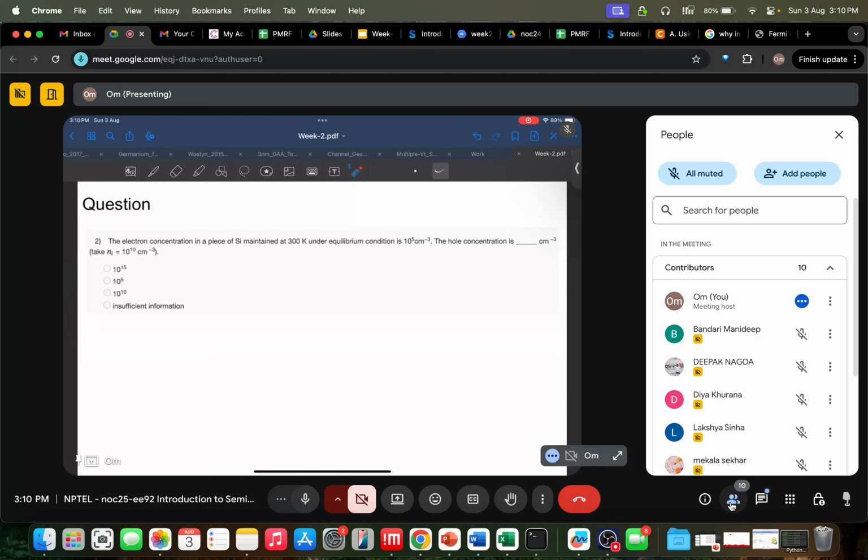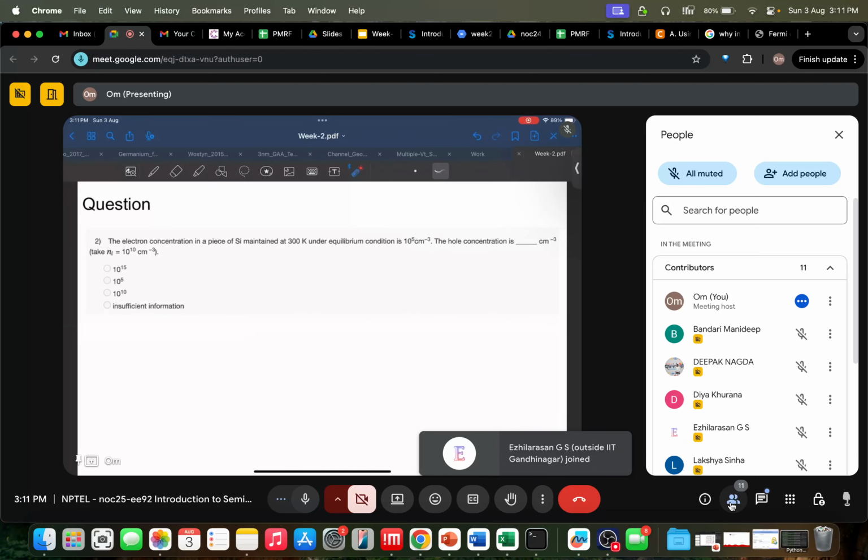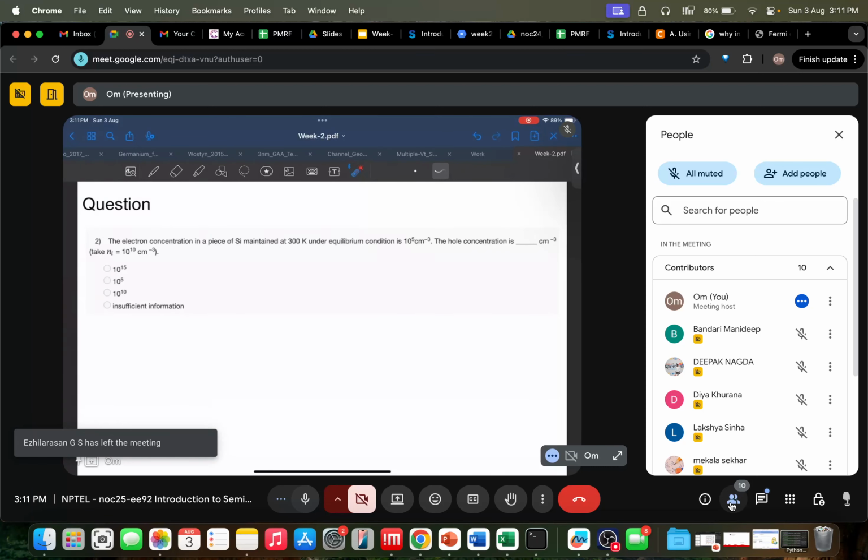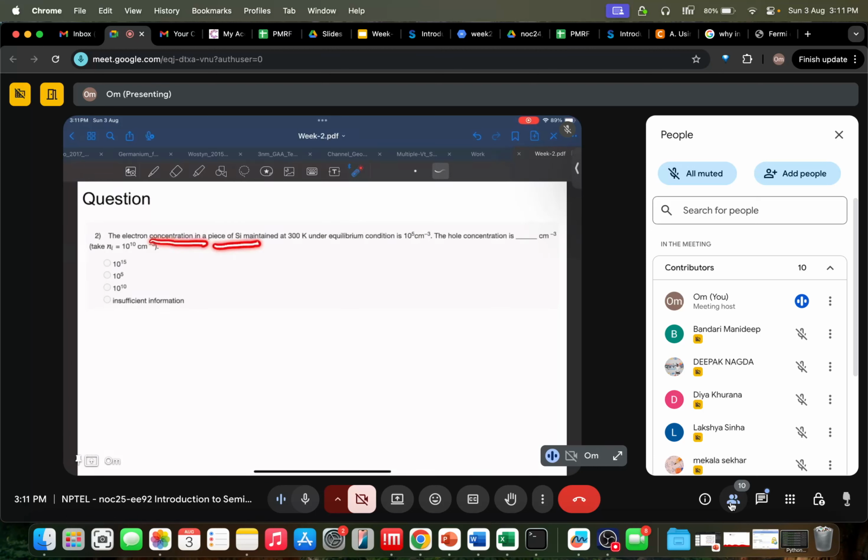Please read this question and try to solve it. So the question says the electron concentration in a piece of silicon maintained at 300 Kelvin under equilibrium is 10 to the power 5 per centimeter cube.